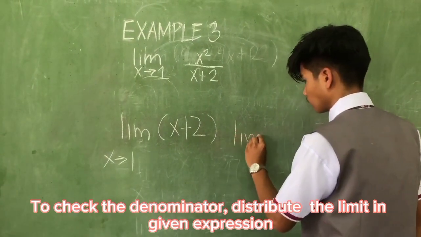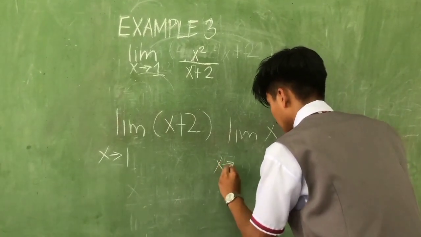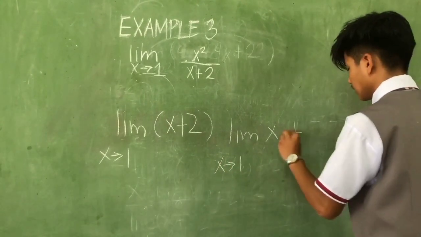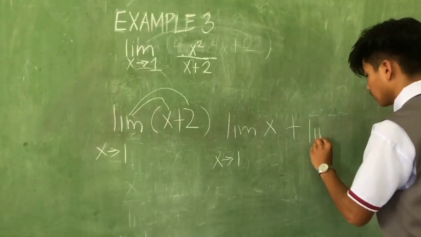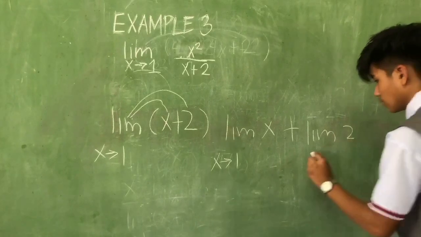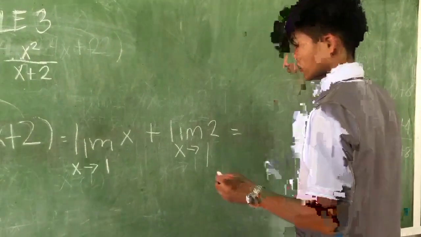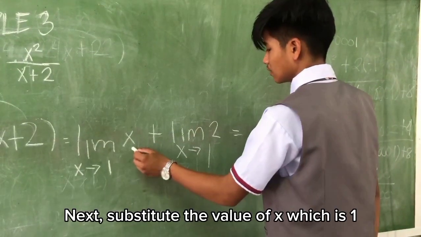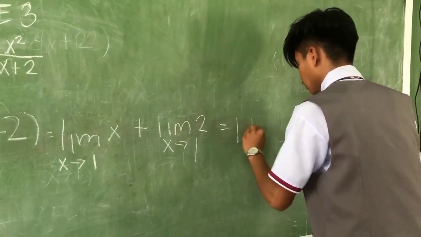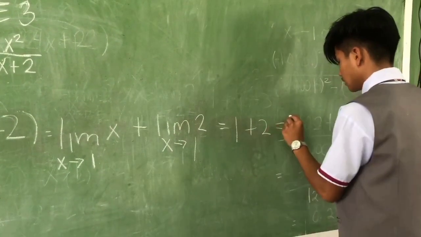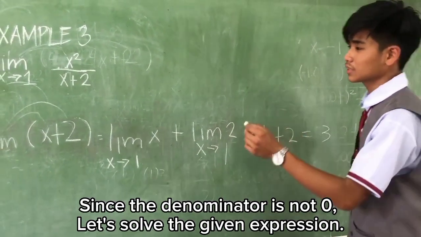Limit x as x approaches 1 plus limit 2 as x approaches 1. Tapos yung x, sasubstitute natin yung value ng x, which is 1 plus 2 equals 3. Dahil hindi siya 0, pwede na natin isolve itong expression.